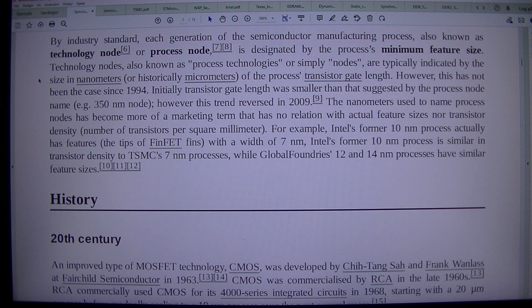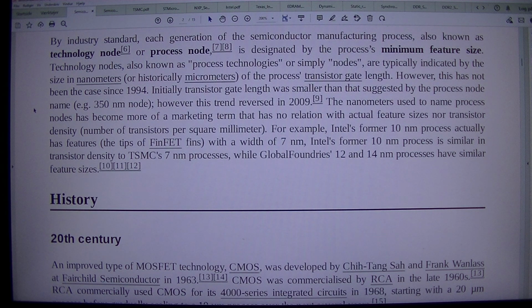However, this has not been the case since 1994. Initially, transistor gate length was smaller than that suggested by the process node name, for example 350 nm node. However, this trend reversed in 2009.